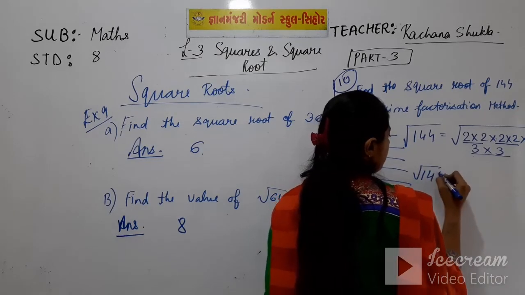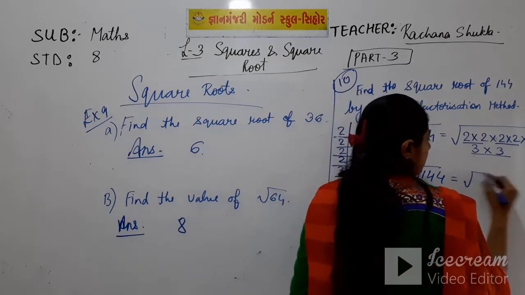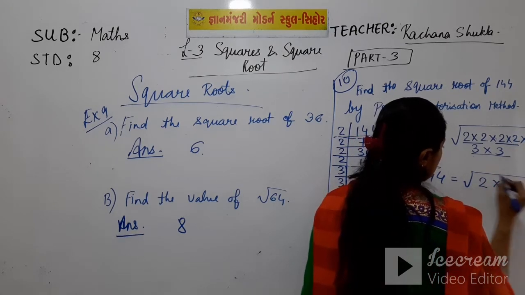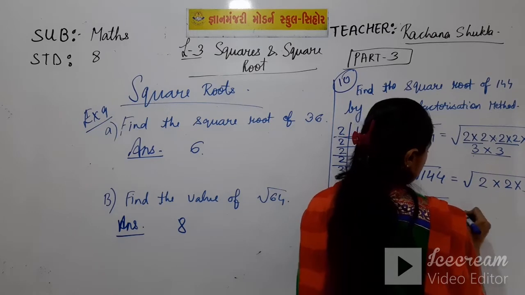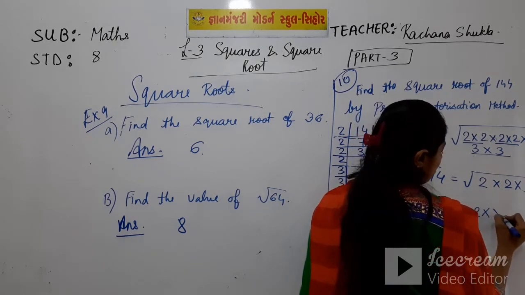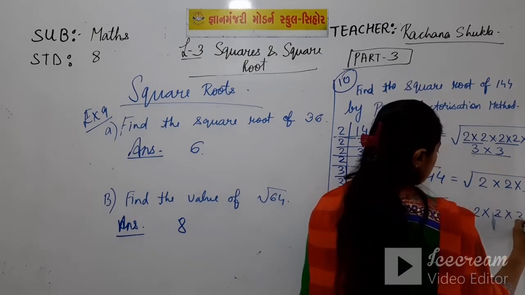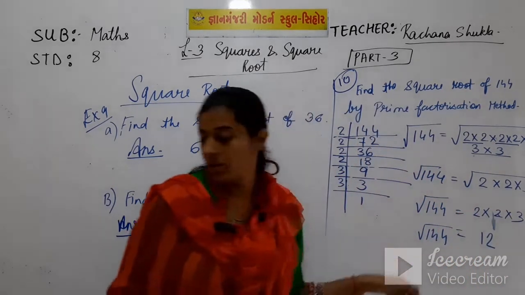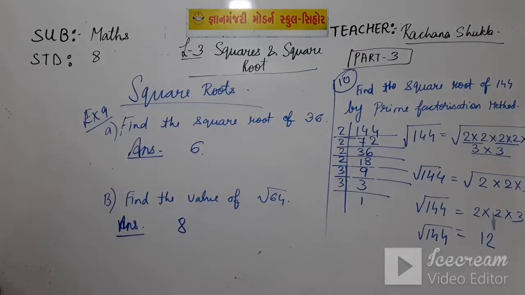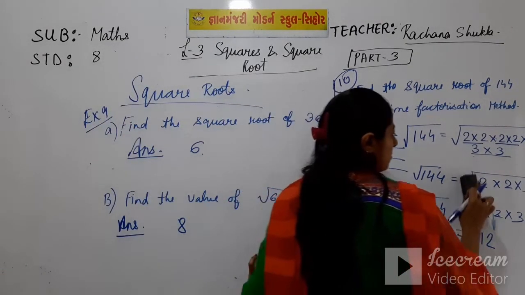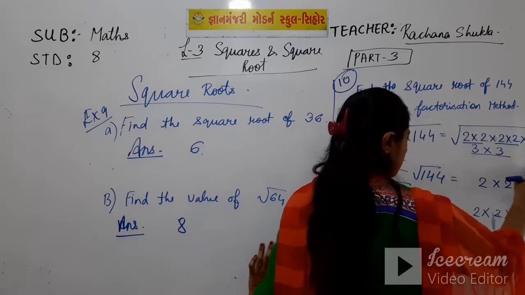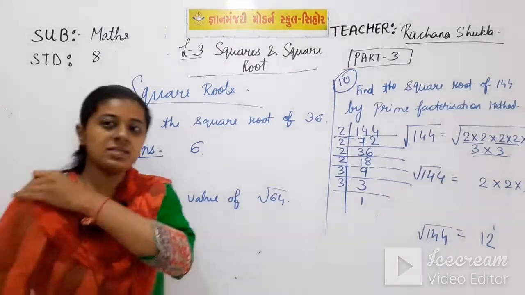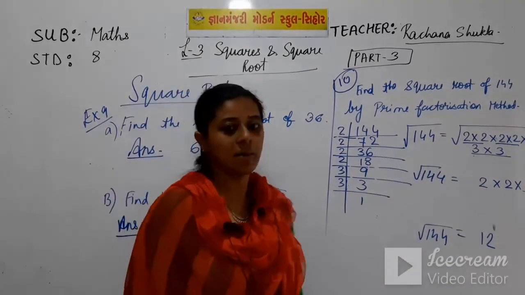So root 144 is equal to 2 into 2 into 3, that is 12. Root 144 is equal to 12. This way, very easily, you will solve your sum, that is example 10.